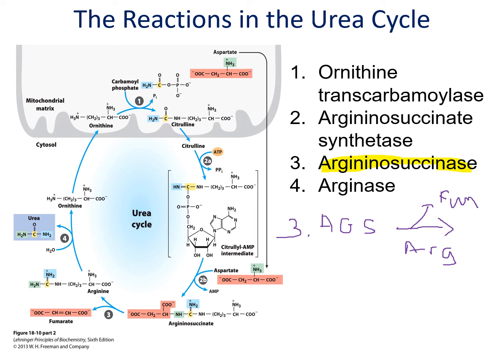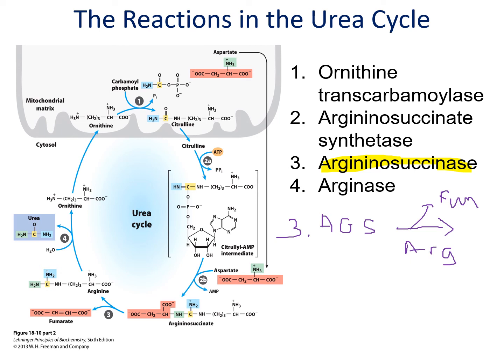So what happens to that fumarate? Well, fumarate can go into the citric acid cycle, so we can use that and put it somewhere else. We don't need it, we get rid of it. It's not in the urea cycle. What stays in the urea cycle is the arginine, which goes on in the urea cycle.